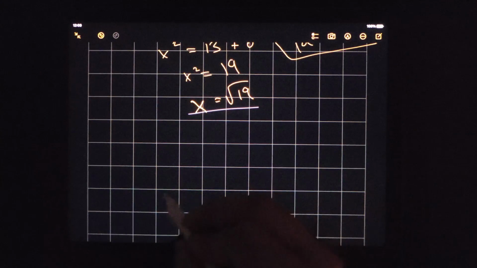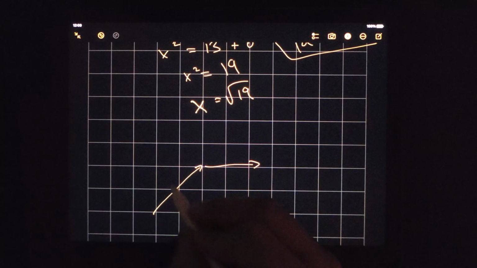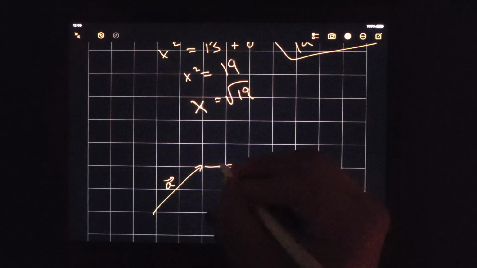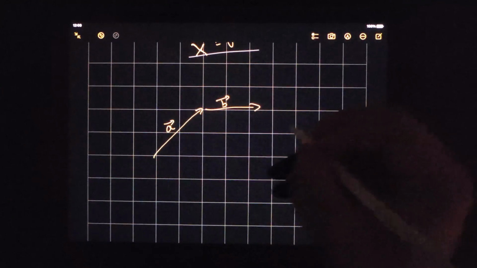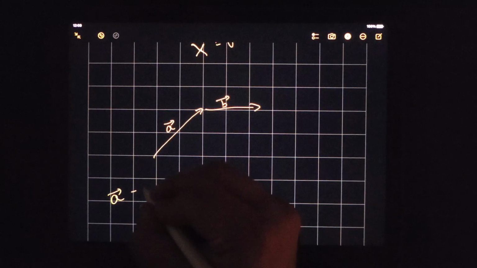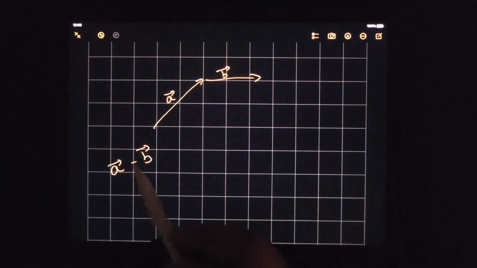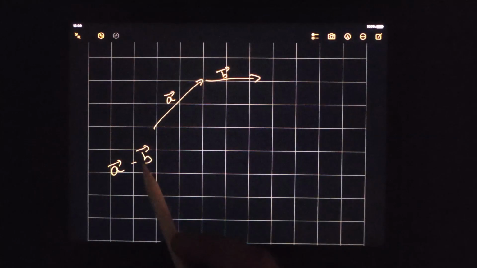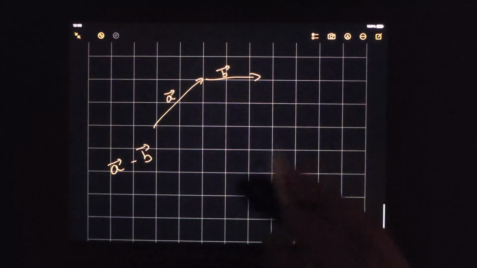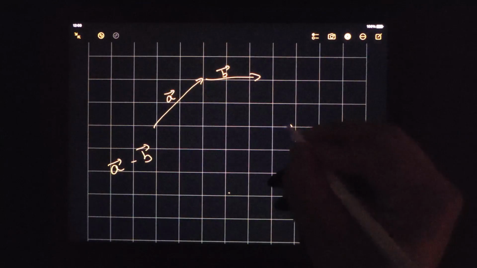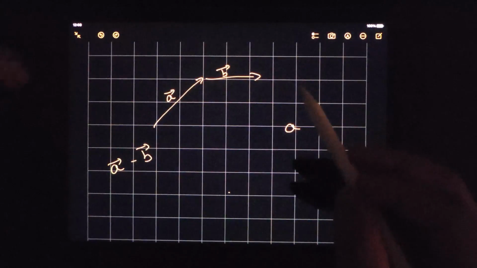Similarly, if you had, say, a minus b, so instead of adding, now we're subtracting. What we actually do is just take this b up here and convert it into this. Let me write it below here.